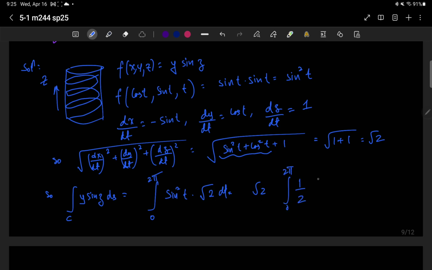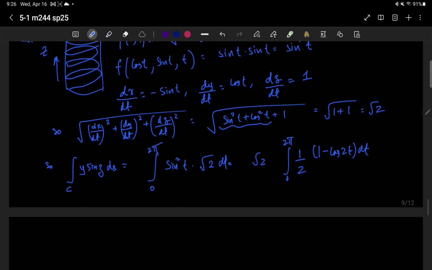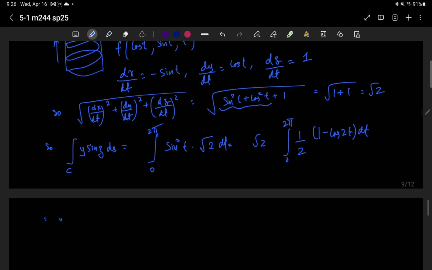And now we're back to our old, pretty common integral where we rewrite the sine squared as (1 minus cosine 2t) over 2, which means we have root 2 over 2. When you integrate this, you get t minus 1/2 sine 2t from 0 to 2 pi.